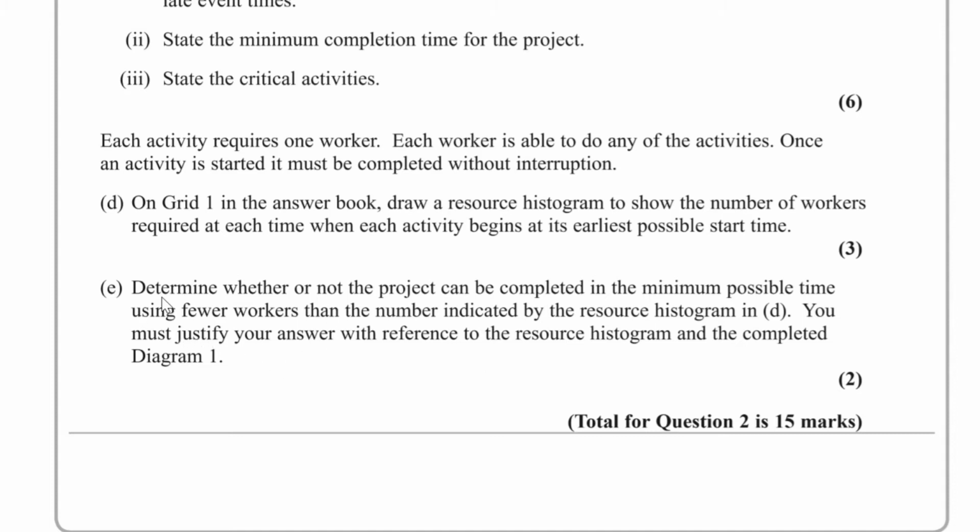For part A of the question, we have to determine whether or not the project can be completed in the minimum possible time using fewer workers than the number indicated by the resource histogram in D. You must justify your answer with reference to the resource histogram and the completed diagram 1.